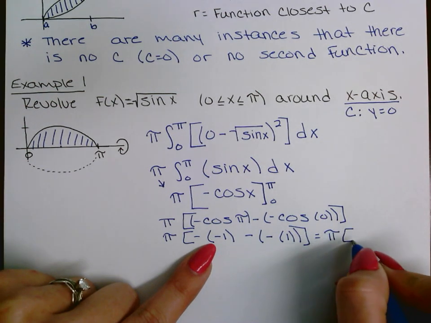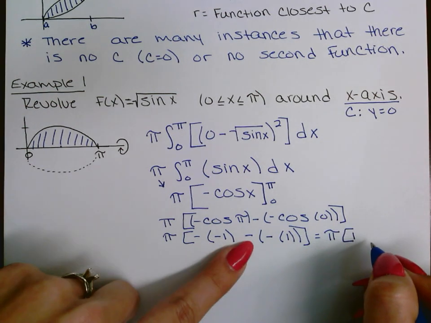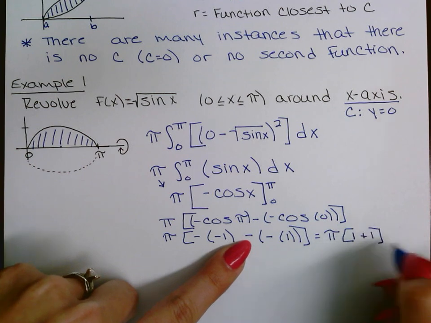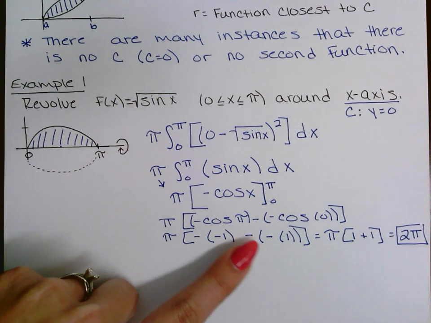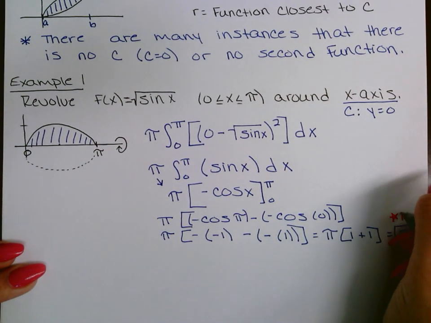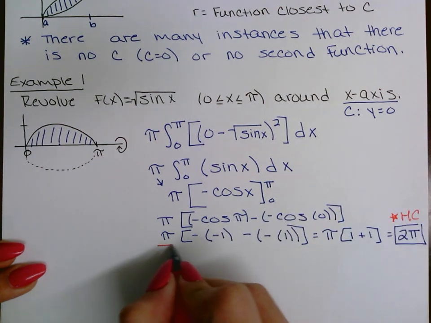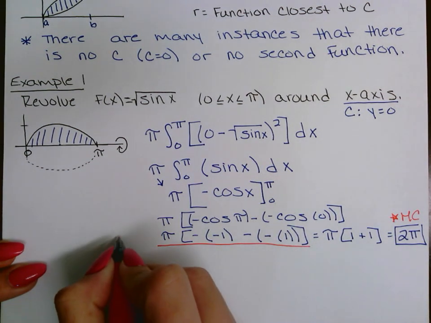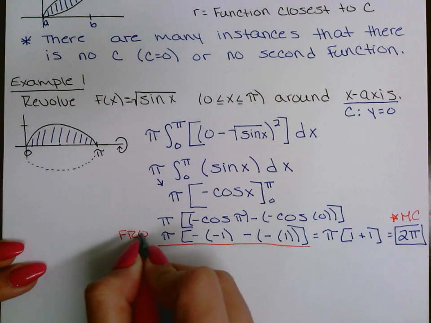I have pi times, this becomes a positive 1, and this becomes a plus 1. So I end up with 2 pi. So this is where I stop for a multiple choice. And this is where I can stop for an FRQ, for a free response.